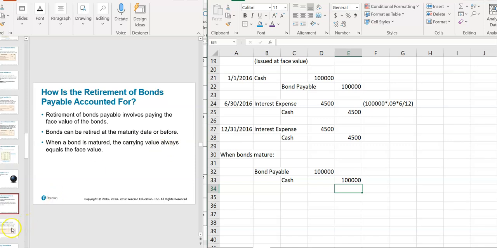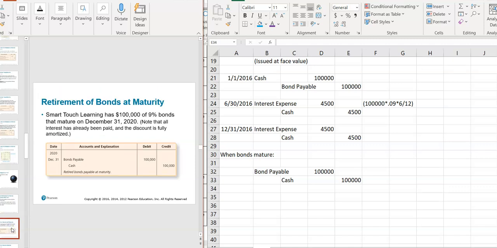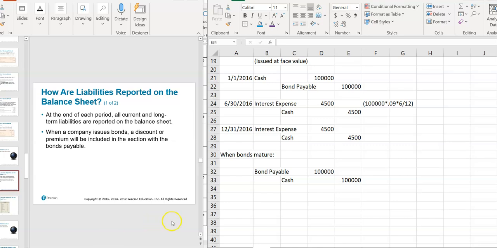And that's it. Okay, we're not doing bonds maturing early. All you need to know is the entry for when the bonds are paid at maturity.